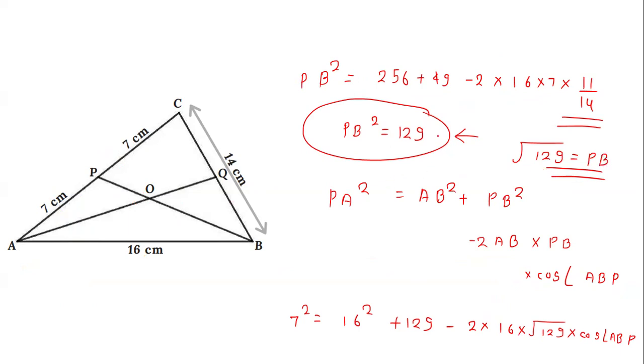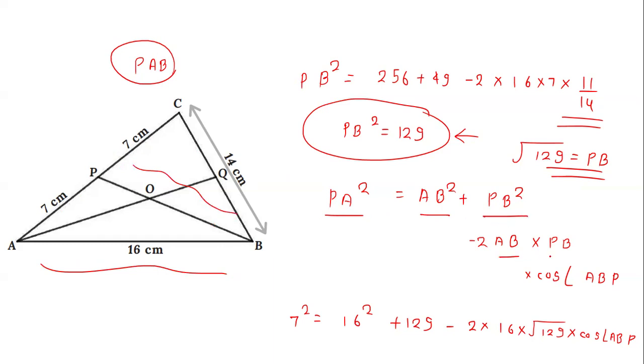So now we also know the PB length. Now in the same triangle PAB, you can write PA square as AB square plus PB square minus 2 times AB into PB into cos of angle between these two. It is the angle ABP.